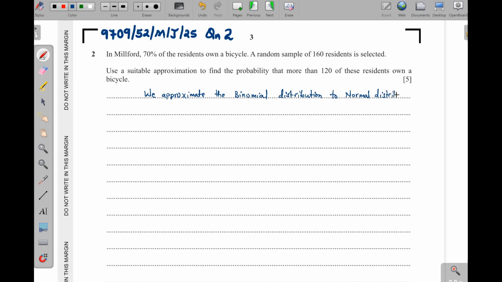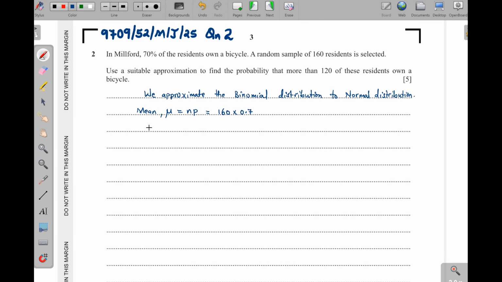And there are two things that we must consider. Number one, we need to find the mean. And the mean of a binomial is np. Okay, the mean of a binomial is given as np. You can even check in the list of formulae. n is 160, p is 0.7.